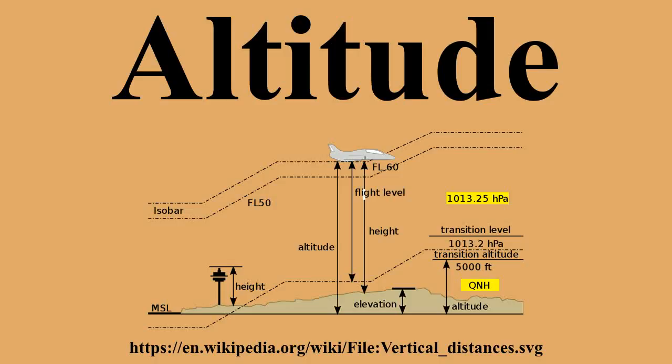Troposphere, surface to 8,000 meters at the poles, 18,000 meters at the equator, ending at the tropopause. Stratosphere, troposphere to 50 kilometers. Mesosphere, stratosphere to 85 kilometers. Thermosphere, mesosphere to 675 kilometers. Exosphere, thermosphere to 10,000 kilometers.